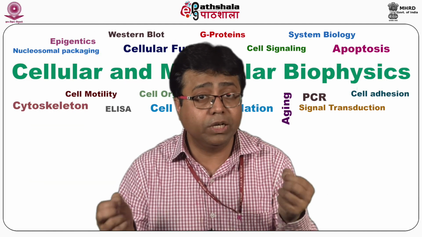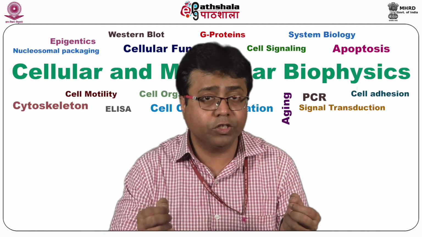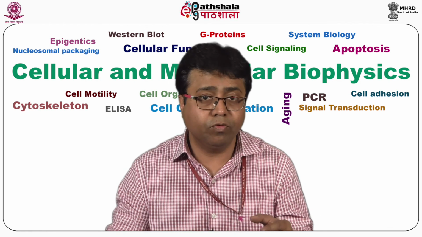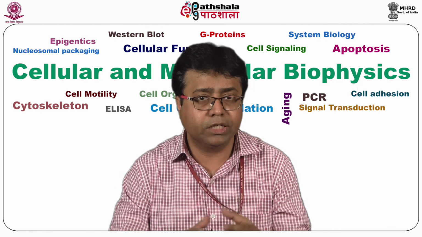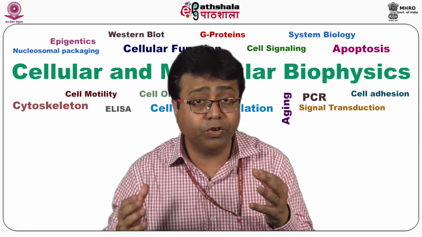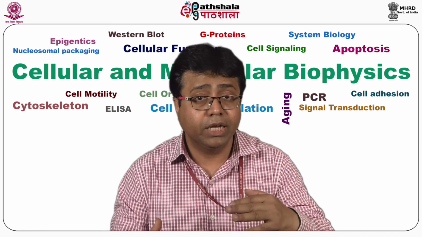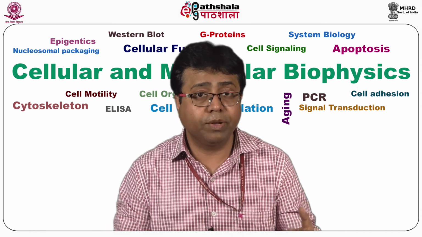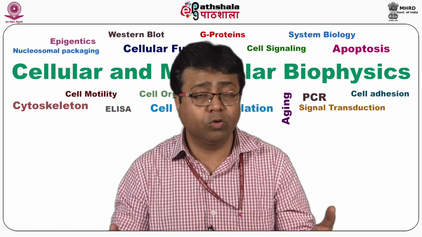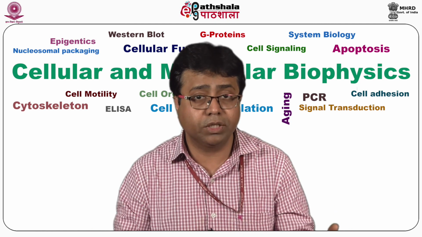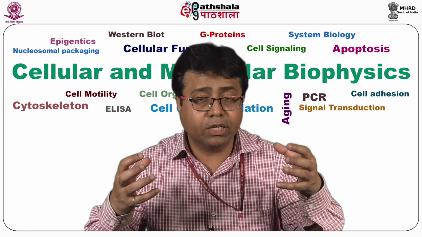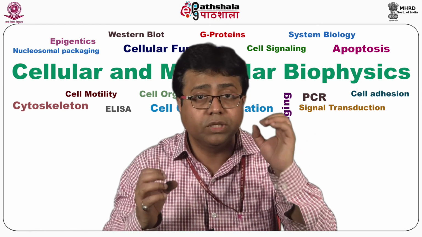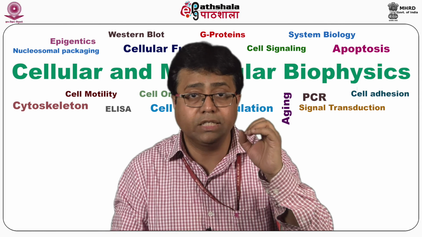Because if you take the whole DNA and load it in an electrophoresis gel, it is never going to move. It is such a high molecular weight and such a huge molecule that it is not even going to enter the gel. It will be completely excluded unless you make a super low percentage gel, like 0.001%, because if the gel concentration is less, the pores within the gel's matrix are very large.